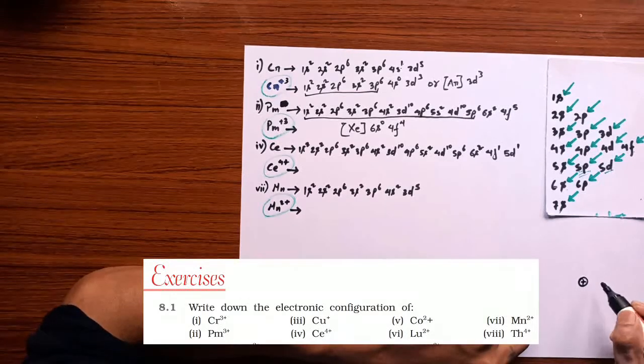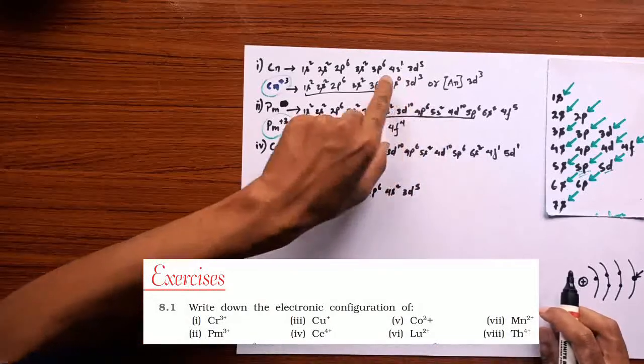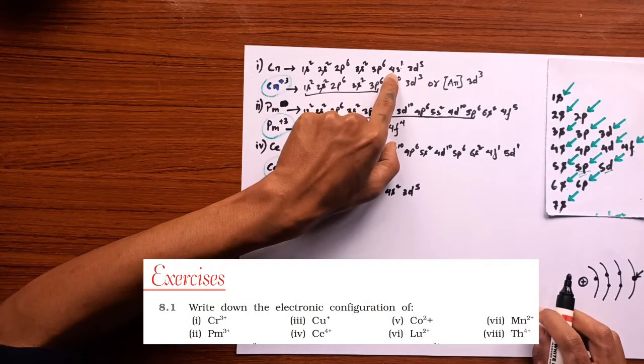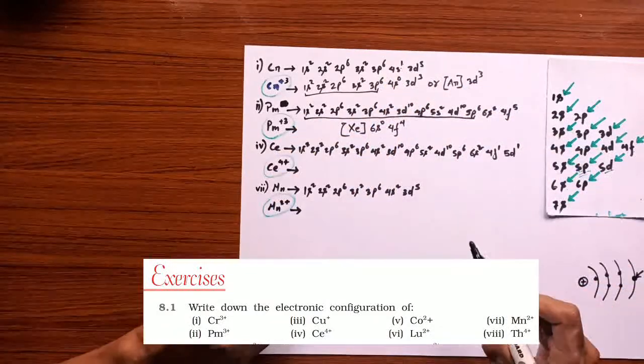Let's just say we have the nucleus here, we have the shells, and if the electrons are occupying them, you always want to remove the electrons from the last shell. So the 4th shell is the last shell, so you have to start removing from the last shell.